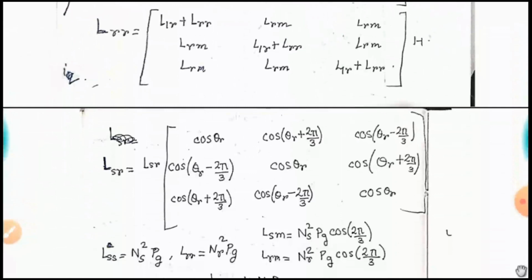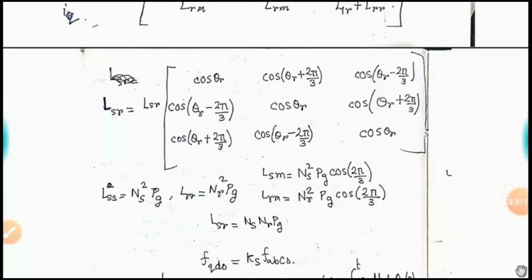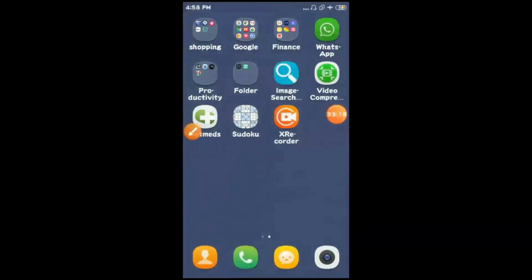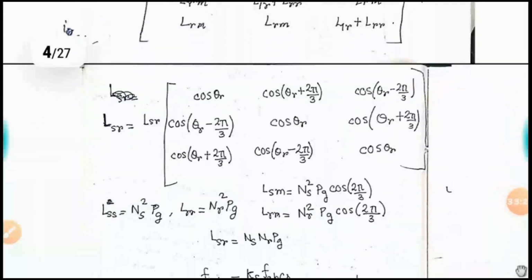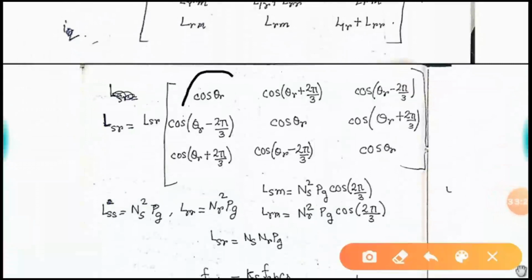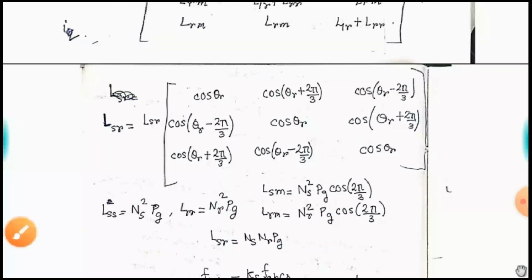Whenever we try to find p lambda, with terms like theta or theta plus 2 pi by 3, all these theta-dependent terms will generate some dependency on omega, and that is no way helpful.